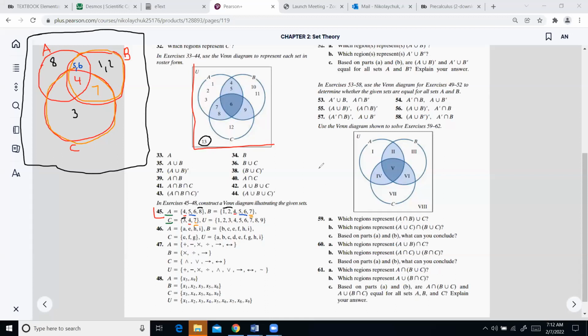So the question will be, do we have anything like that in here as well? Well, let's check it out. I need to now look at the universal set and see what else is here that wasn't listed as of yet. And I think I see number 9, the very last one, right?